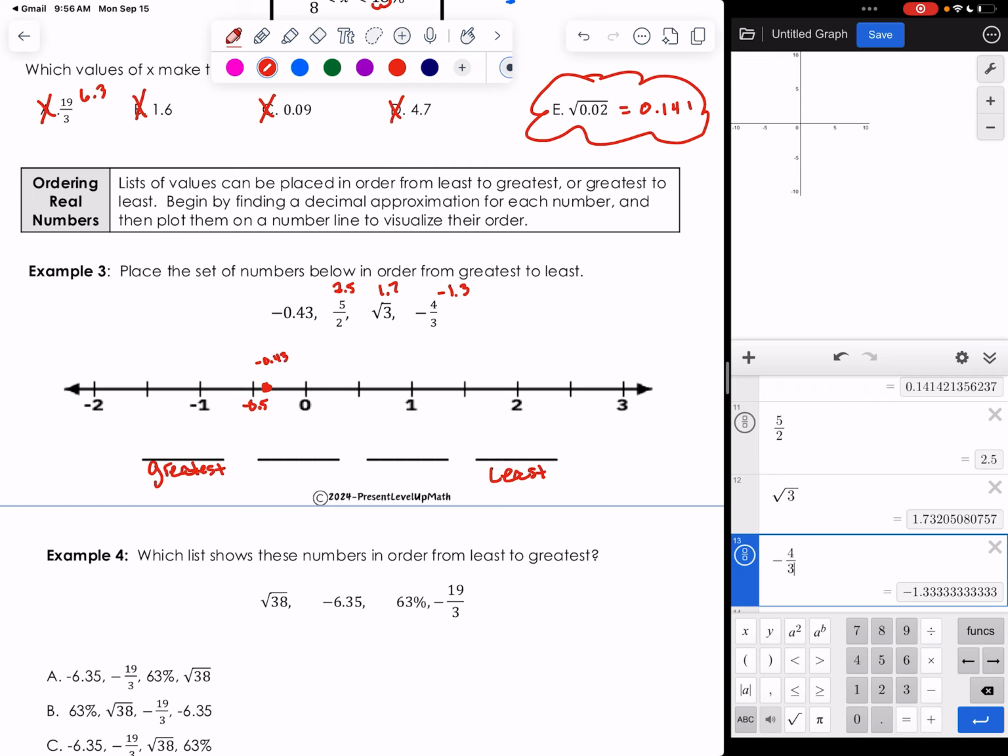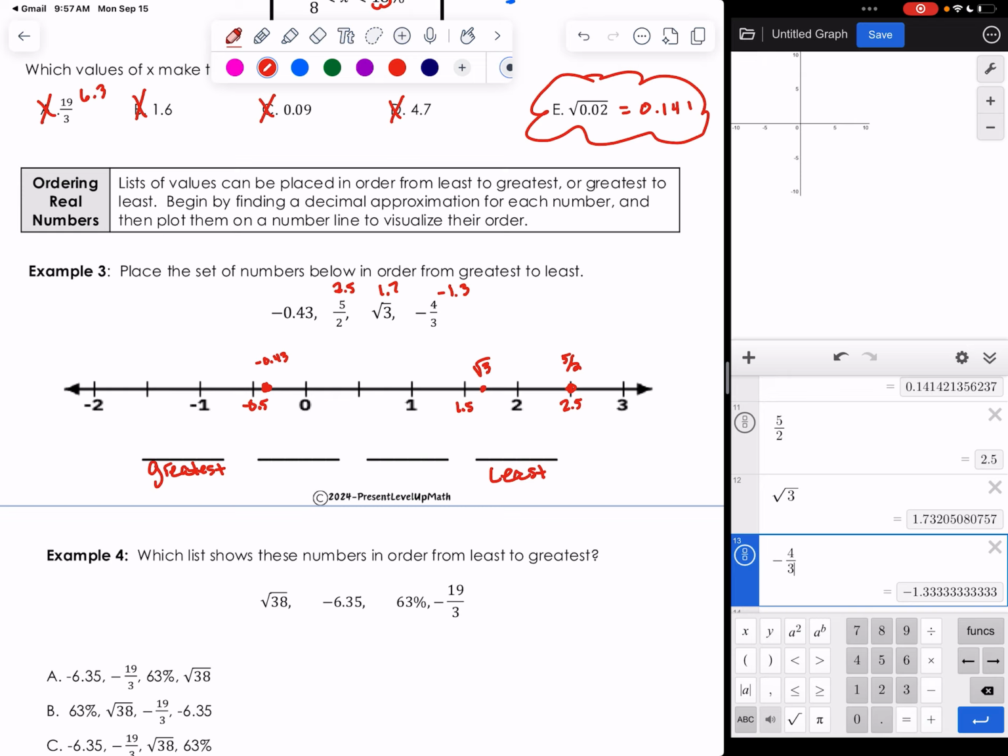All right, 5 over 2 is 2.5. So I will label this 5 over 2. It's right here at 2.5. All right, 1.7. Now, this would be 1.5. So 1.7 is a little bit bigger than that. So I'm going to put square root 3 about right there.